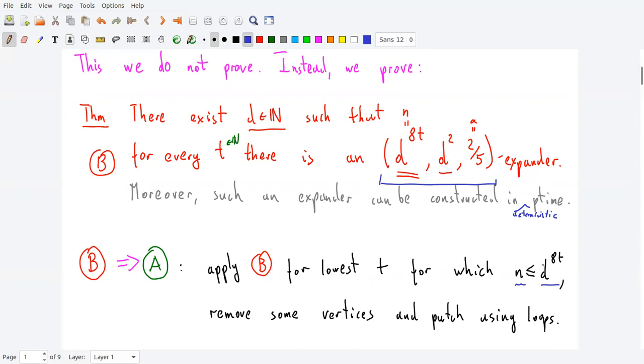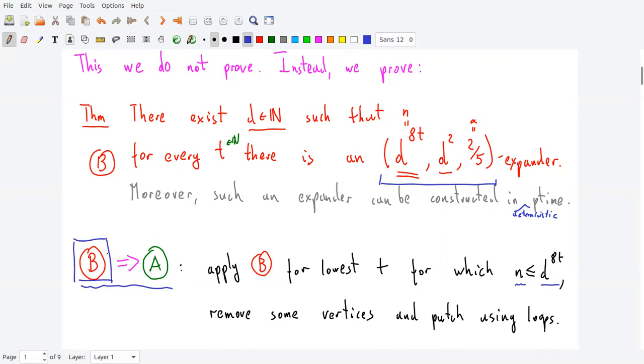You simply throw away some vertices and patch the graph to a regular graph, usually by adding some loops to the vertices. You need to be careful when you are doing this, because you need to make sure that the spectral properties are still preserved, meaning from this alpha equal to 2/5, you do not get too large eigenvalues. But this can be done, and this is a bit technical. So we will skip this implication because it is less interesting and focus on the proof of theorem B.